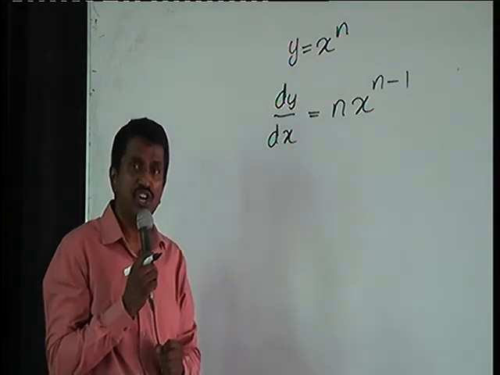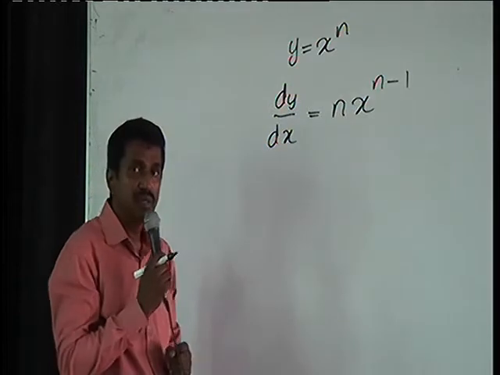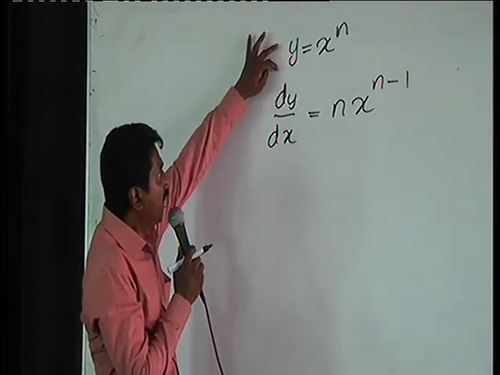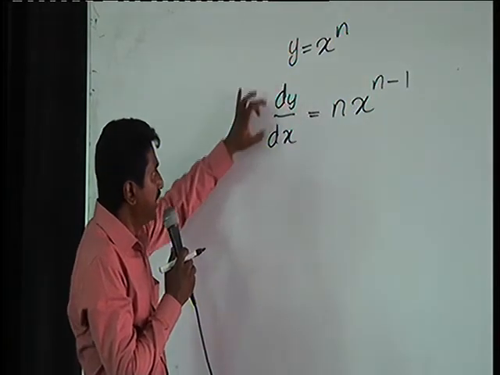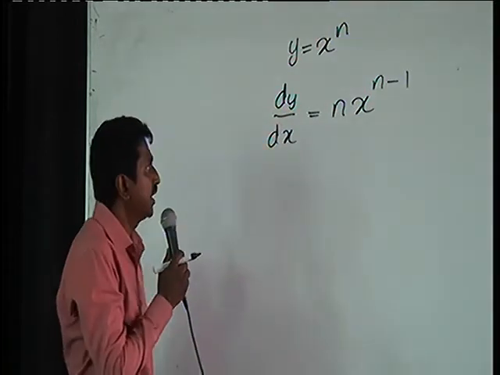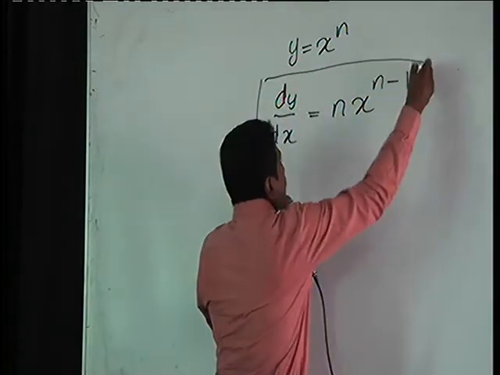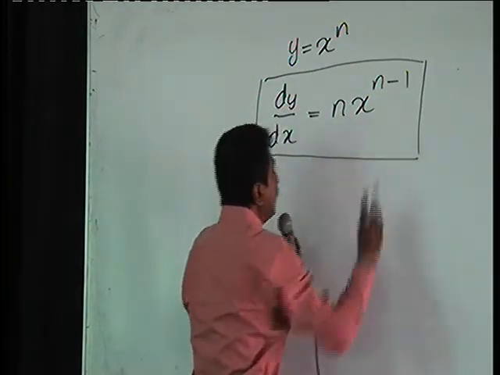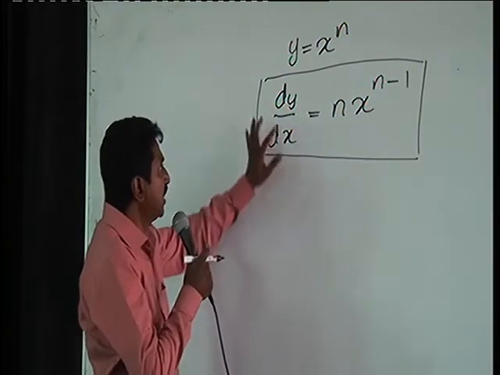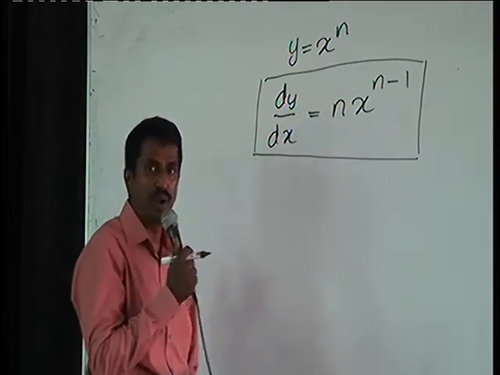The differentiation of this function is given by, under that write down, y equals x to the power n, dy by dx equals n x to the power n minus 1. So this is a very, very important formula. We are working out all these differentiation questions by using this basic formula. So the basic formula is dy by dx equals n x to the power n minus 1.